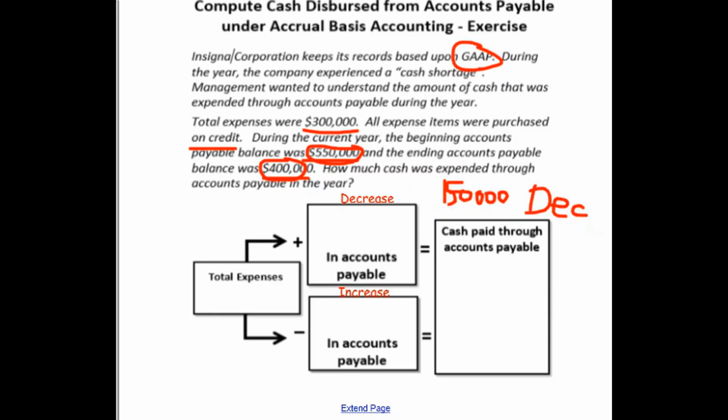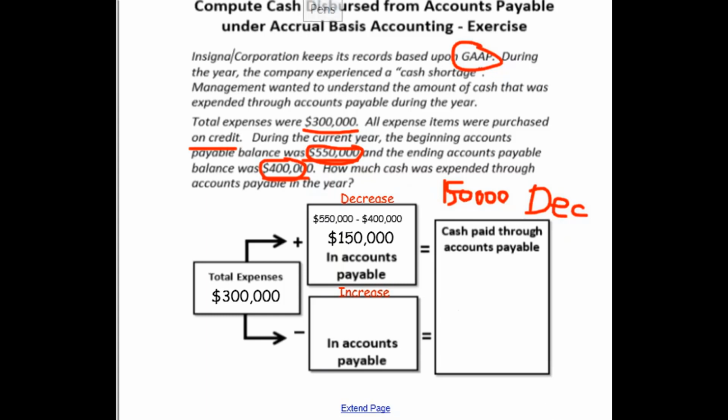Now we have all the information that we need to fill in our formula. We have total expenses here, $300,000. In this case we have a decrease in accounts payable. That decrease was $150,000, and it goes in the decrease box, which is the difference between the $550,000 and the $400,000.